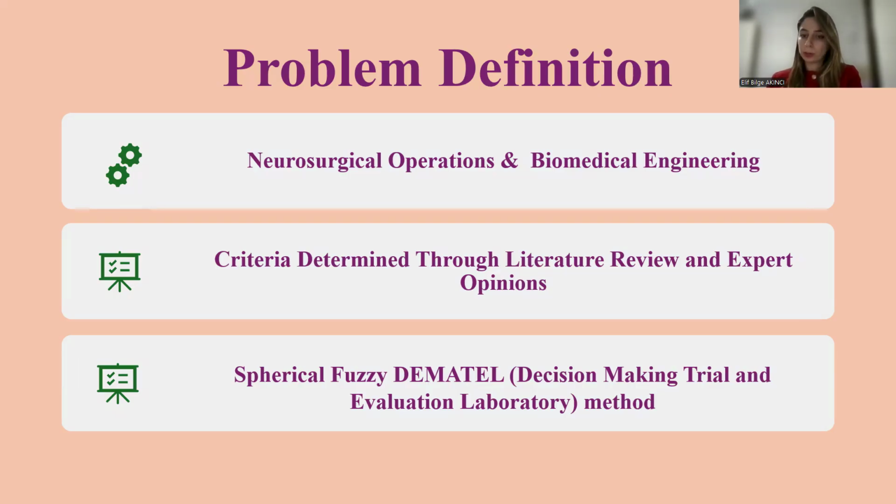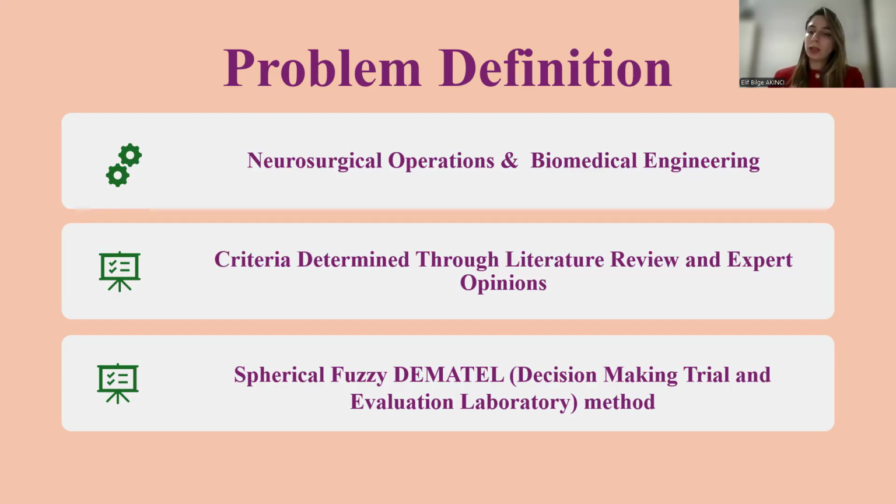For this purpose, criteria were identified based on literature review and expert opinions. The spherical fuzzy DEMATEL, or decision-making trial and evaluation laboratory method, was used to evaluate the relation between these criteria and their effect on each other.